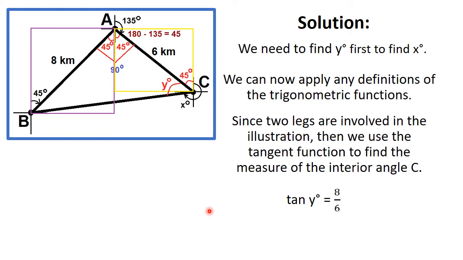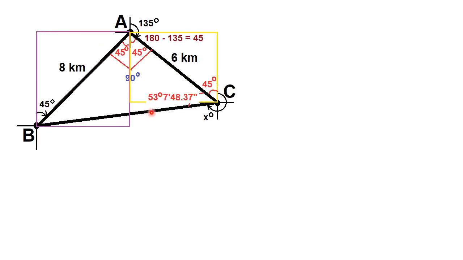After pressing Shift Tan, 8 fraction key 6, equals, degree minute second key, Y degrees is equal to 53 degrees 7 minutes 48.37 seconds, or 53.13 degrees. Thus, Y degrees is equal to 53 degrees 7 minutes 48.37 seconds.